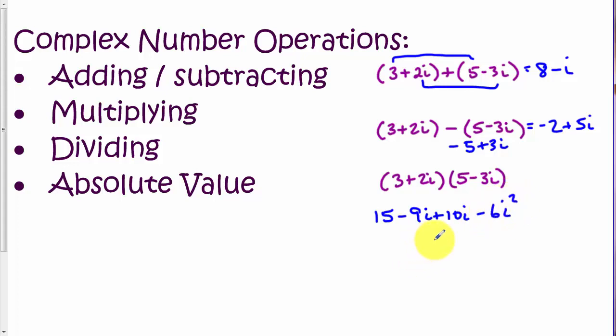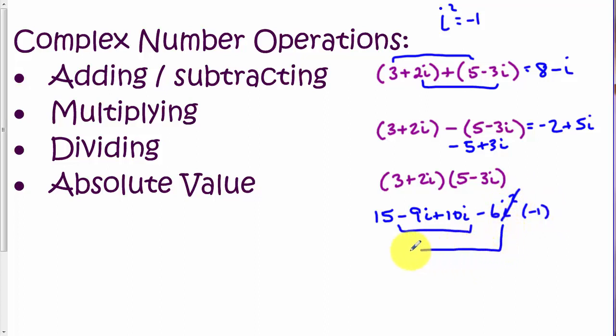Now we need to do two things to simplify this. We can combine these like terms, but one of the fundamental definitions that you need to remember for imaginary numbers is that i squared equals negative 1. So we can simplify this i squared here by replacing it with its value, which is negative 1.